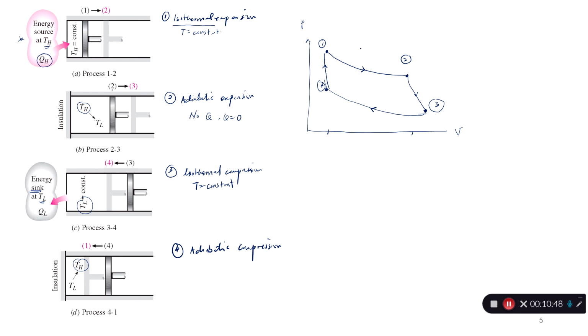Now if you look at the direction of the processes on the graph, 1 to 2 is an expansion, 2 to 3 is an expansion, and 3 to 4 is a compression, and 4 to 1 is a compression. So you will have two parts. Let's see.